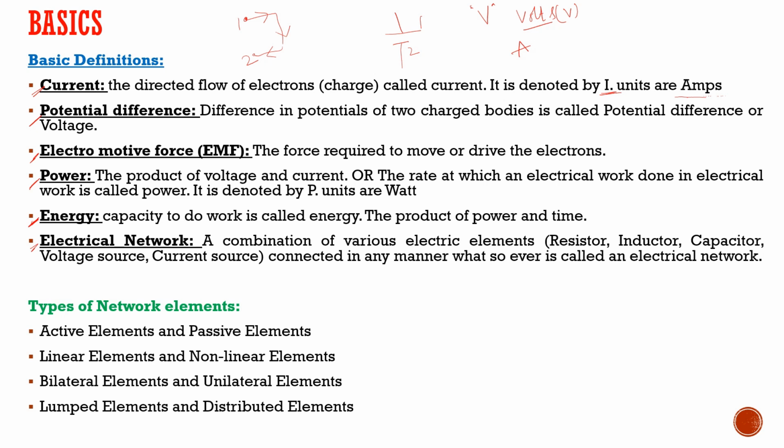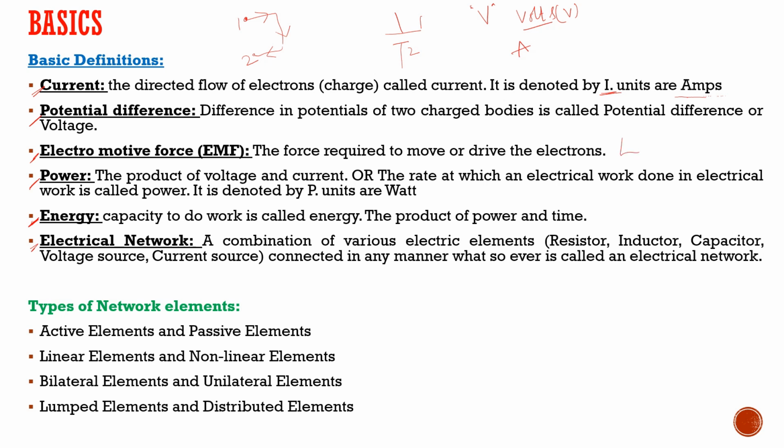Okay, and coming to the third definition, simply called as electromotive force or EMF, electromotive force. By the name we can say it's a definition. Electro means electrons, motive is nothing but motion, force. So the force required to move the electrons or to drive the electrons is simply called as electromotive force.